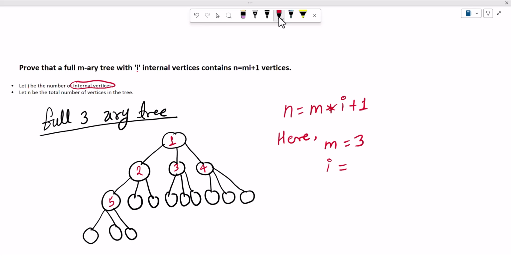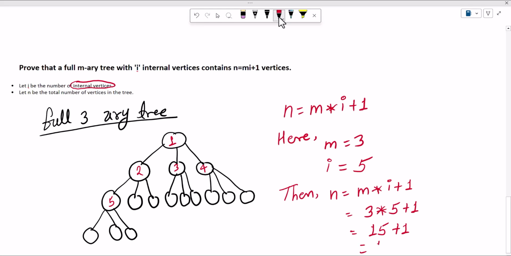So there are a total of 5 internal vertices, so I equals 5. Then n equals m into I plus 1. So m is 3 into 5 plus 1, 15 plus 1 equals 16. So there are a total of 16 vertices in the given full 3-ary tree. So this n value is 16.